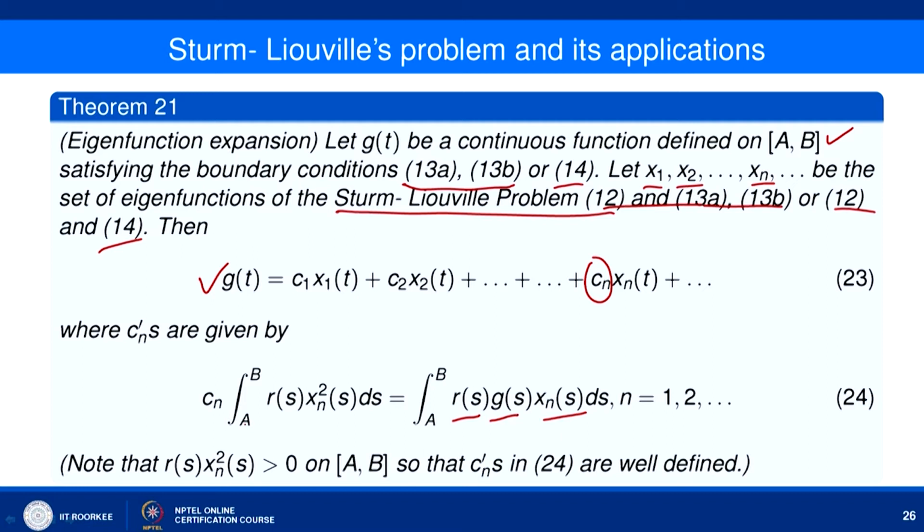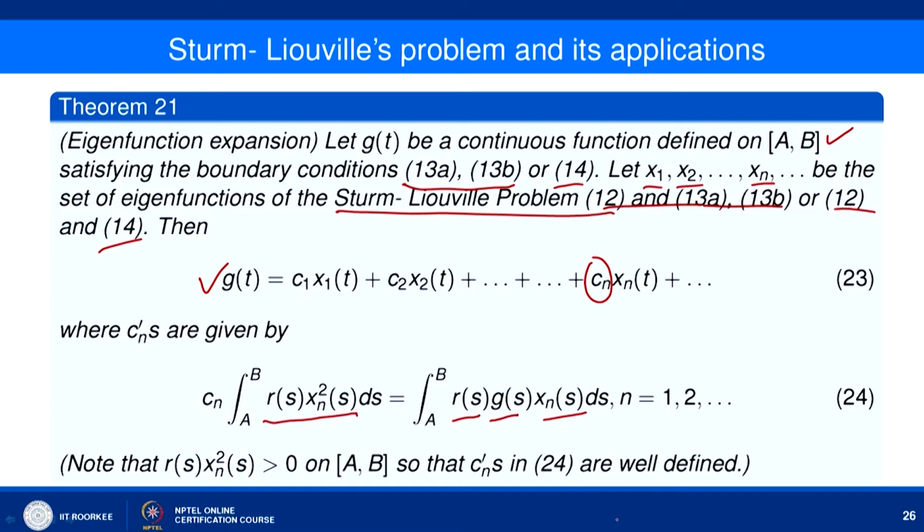So, we can say that this quantity is non-zero, because r(s) we are assuming is positive and xn squared is again positive. So, Cn you can easily find by dividing by this term, and once you have all the Cn's, you can write g(t) in terms of these xi's.